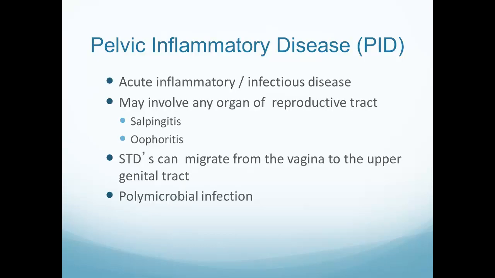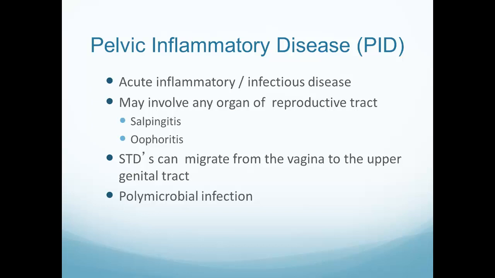Pelvic inflammatory disease is either an acute inflammatory and or infectious disease, in most cases probably caused by some sort of infection. We can also have other parts of the reproductive tract being involved. STDs are sexually transmitted diseases, and sexually transmitted diseases can migrate from the vagina to the upper genital tract and cause the person to have pelvic inflammatory disease.